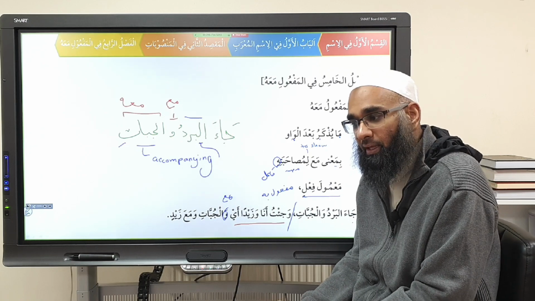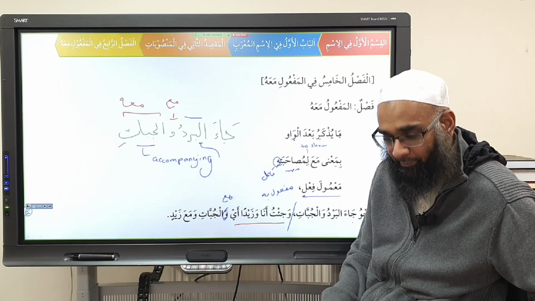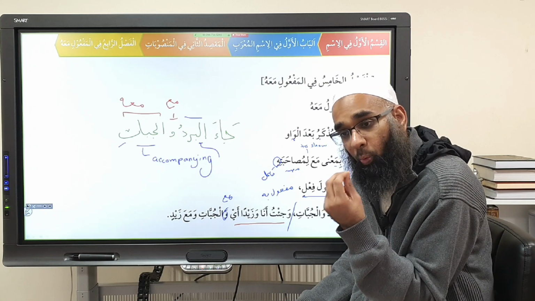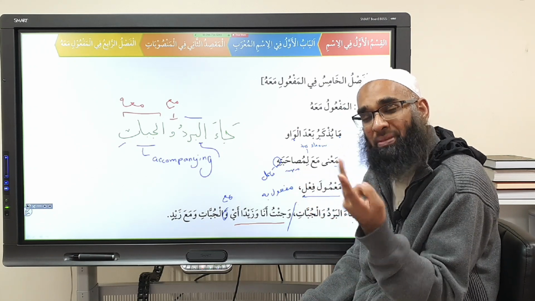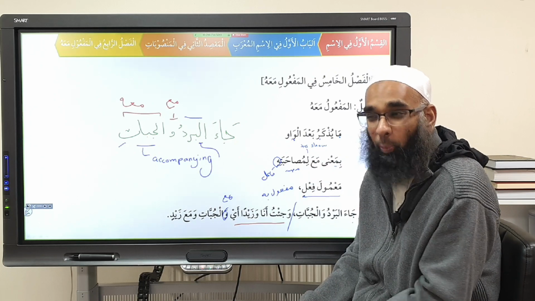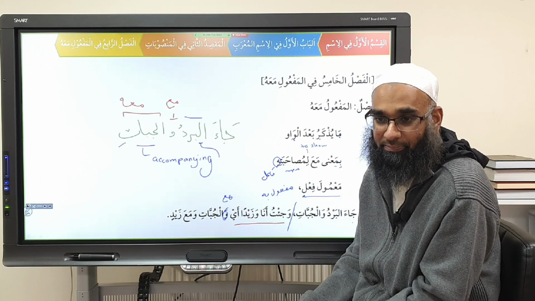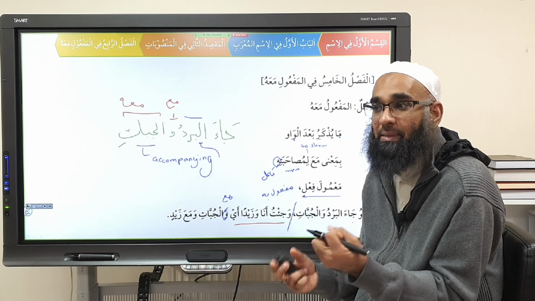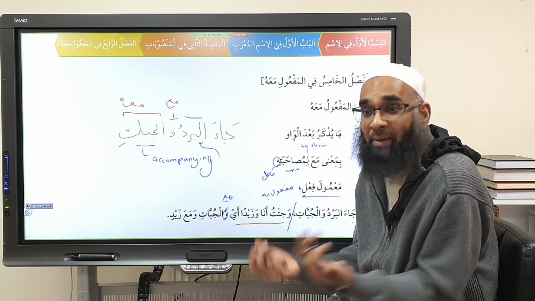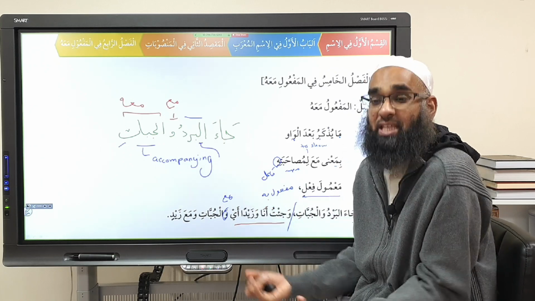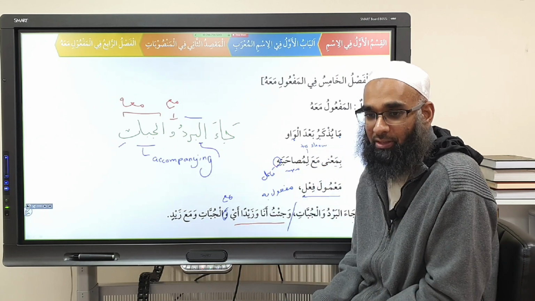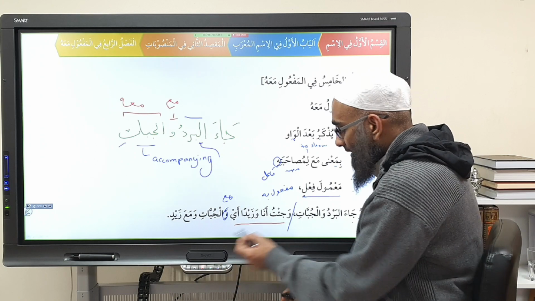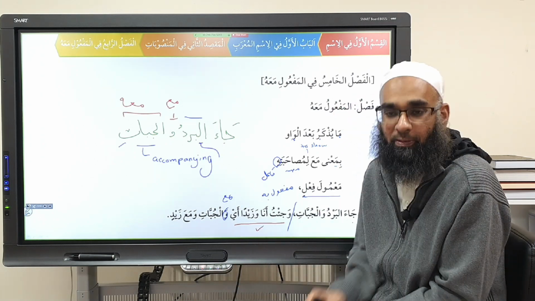You can only bring maf'ul ma'ahu with two things which cannot be separated, or which usually come together. It's not muttarid. He's saying it's almost like sama'i. You can't bring it anywhere however you wish. So according to him, ji'tu ana wa Zayd is incorrect.